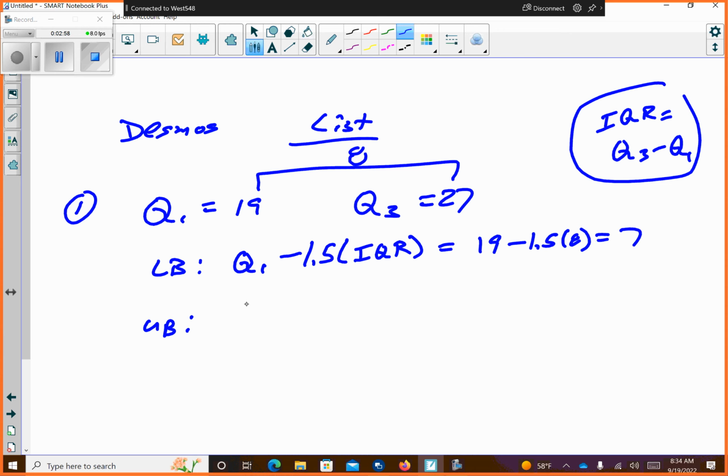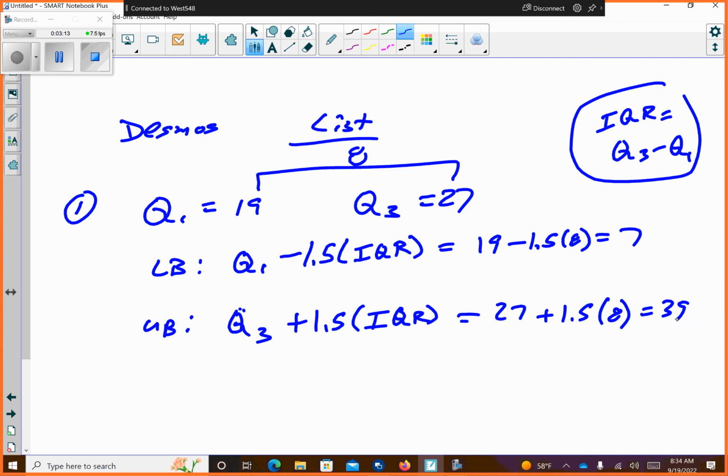And then the upper bound is going to be Q3 plus 1.5 times the IQR. So in this case, it's going to be 27 plus 1.5 times 8. So that's 39. Okay. So these two numbers define where our outliers would exist. So to the left of 7, to the right of 39 is where the outliers would exist.